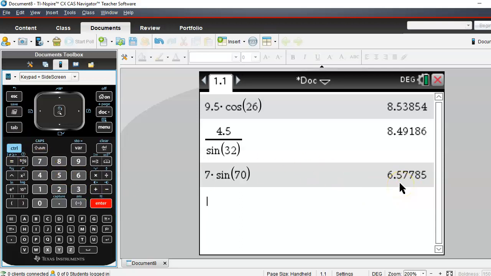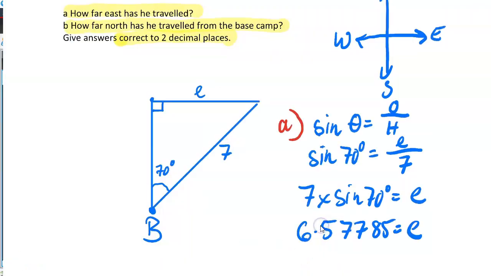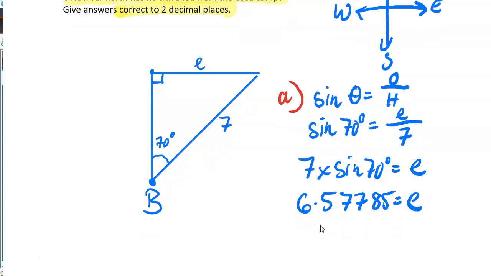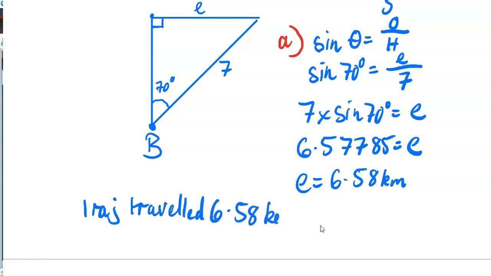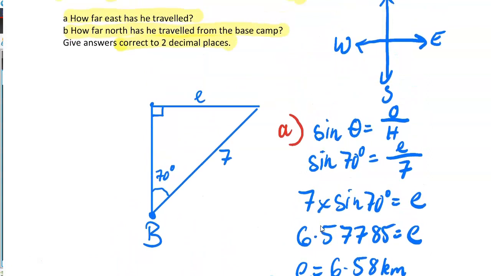That gives me 6.57785 equals E. Okay, so rounded off, Araj travelled 6.58 kilometres east.